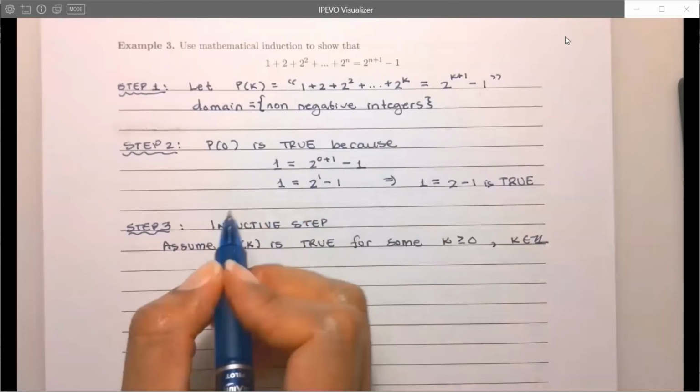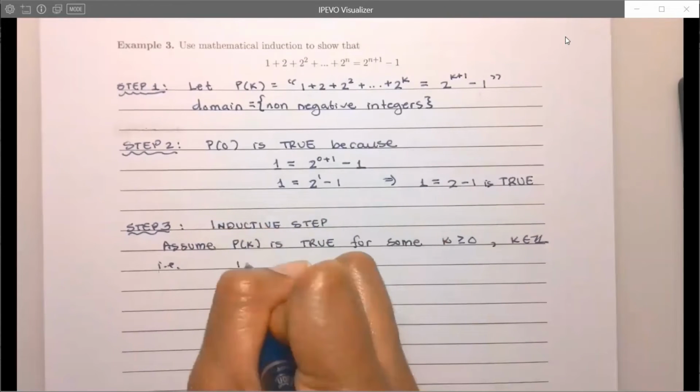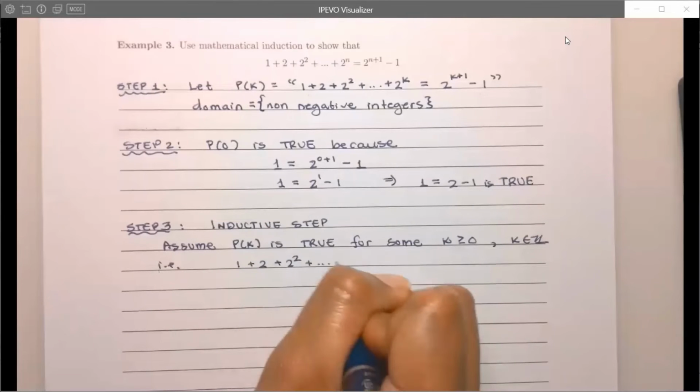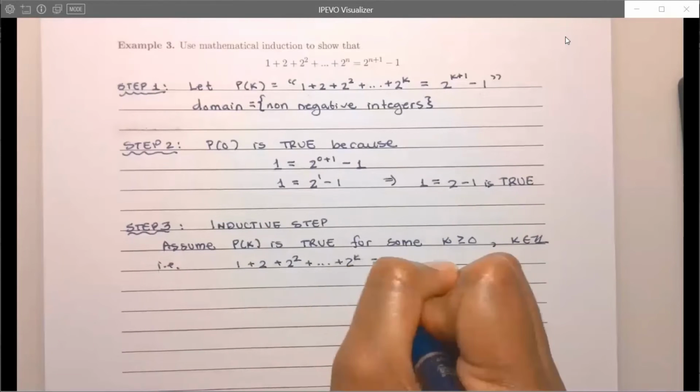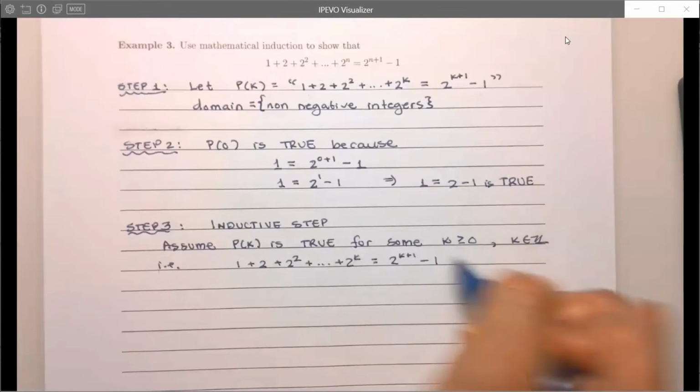This means that we're assuming the statement 1 plus 2 plus 2 squared plus up to 2 to the k is 2 to the k plus 1 minus 1 for some k.